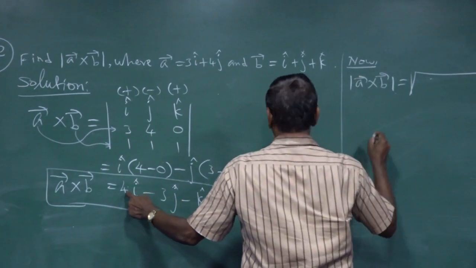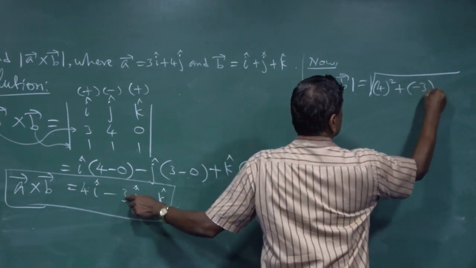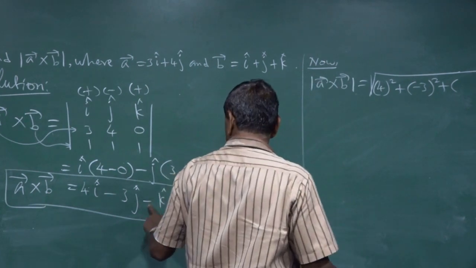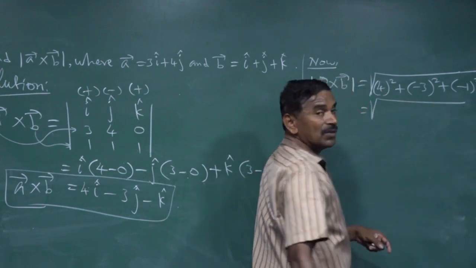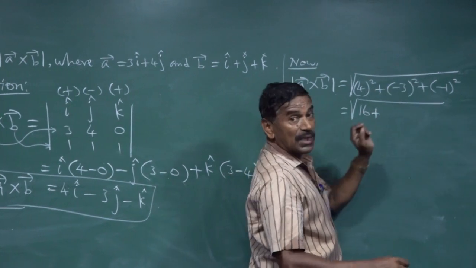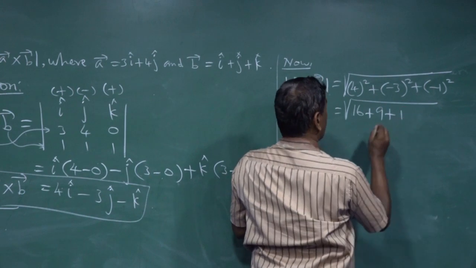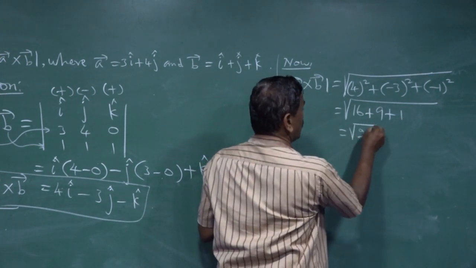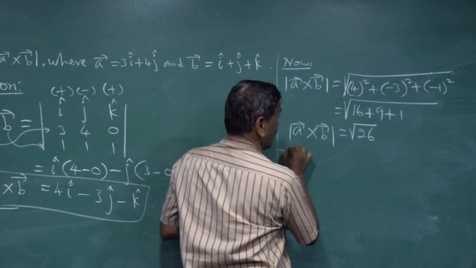Square root of 4 the whole square plus minus 3 the whole square plus minus 1 the whole square. Now simplify yourself. 4 square is 16, plus minus 3 the whole square is 9, plus minus 1 the whole square, minus square gives positive, so 1. So 16 plus 9 plus 1 is 26, which is root 26, which is modulus A vector cross B vector. That's all. So hence the answer.